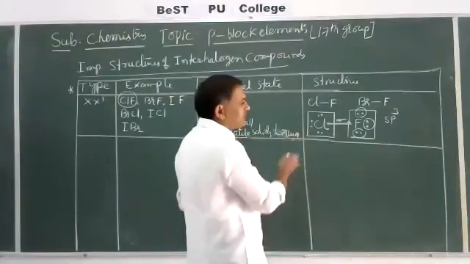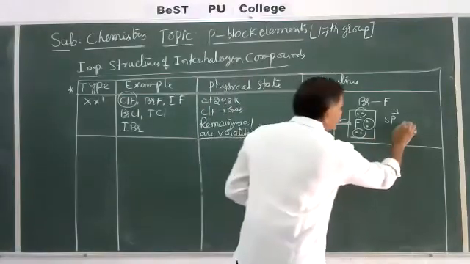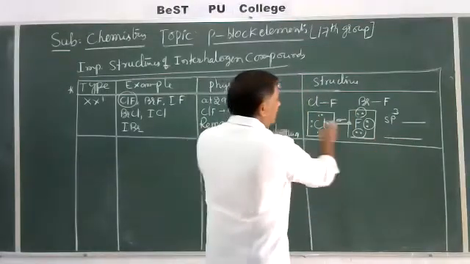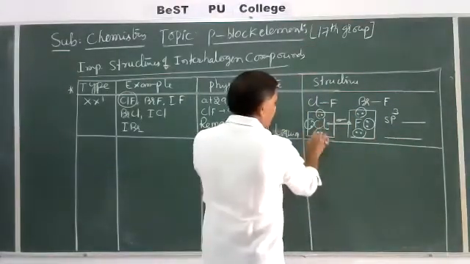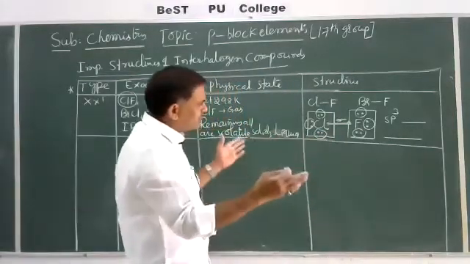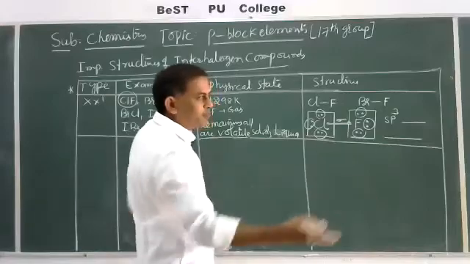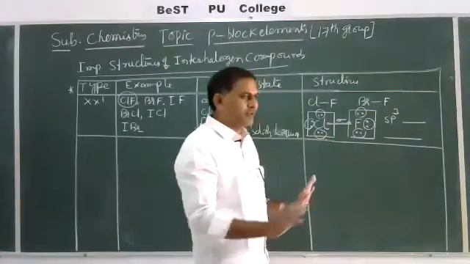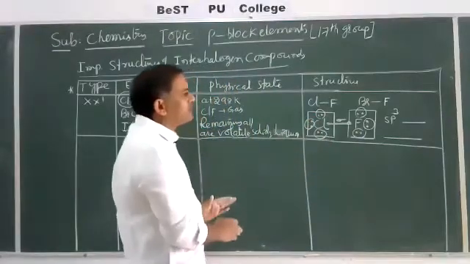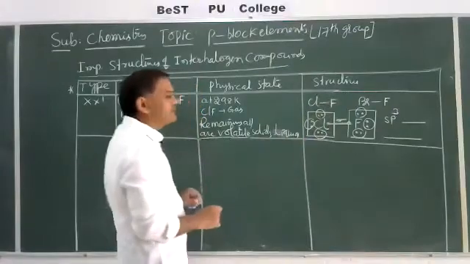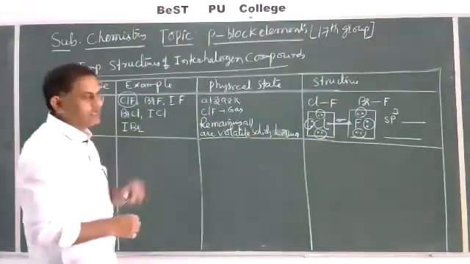But in this case there is no structure like this, because in both cases the number of lone pairs is the same, the same repulsive forces are there, and a linear shape is present, even though each atom undergoes sp3 hybridization. So in experimental spectroscopic analysis, the structure is not designed in this case.